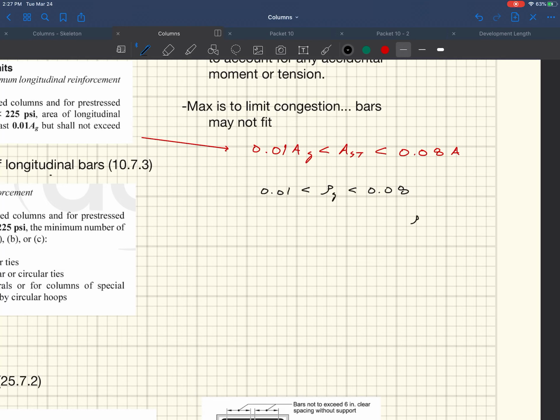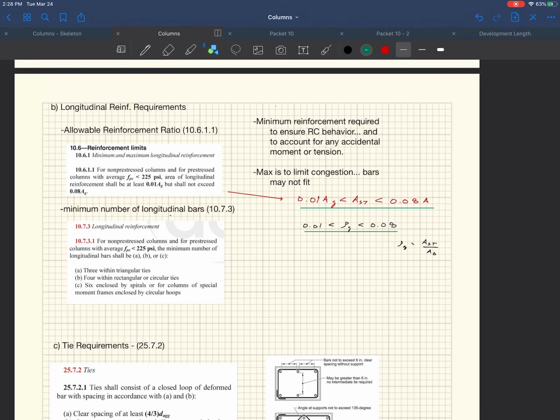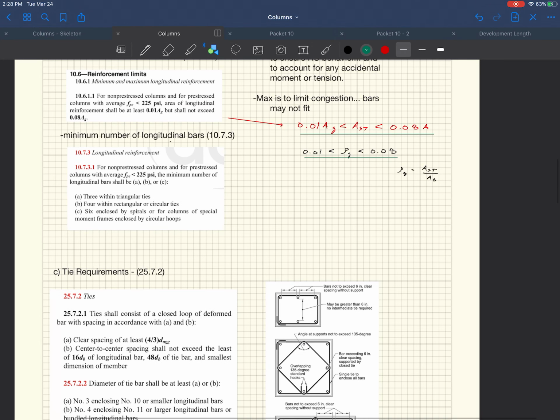And this would be called rho_g, where rho_g is equal to the area of steel divided by A_g. That's another way of writing the same thing. You can talk about it in terms of reinforcement ratios, or in terms of the amount of steel. So they say you have to be within that range. That's one limit. When you're doing your design, you have to make sure you're within those limits.